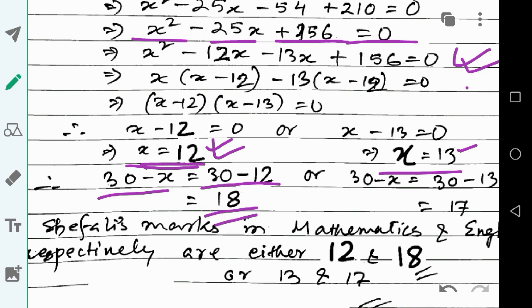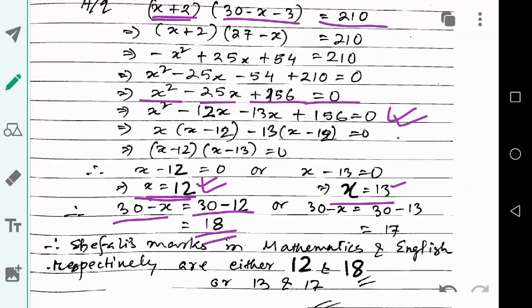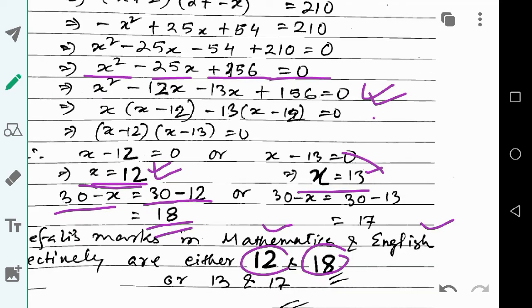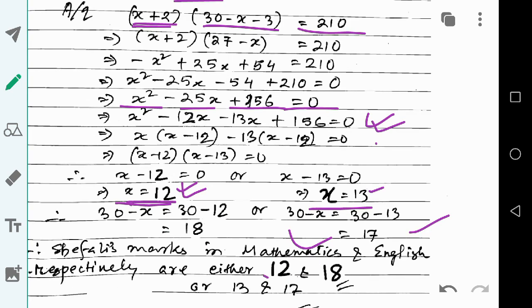That means her marks in mathematics and English are respectively 12 and 18. Again, if she gets 13 marks in mathematics, then in English she must get 30 minus 13, that is 17. So Saifali's marks in mathematics and English are either respectively 12 and 18 or 13 and 17.